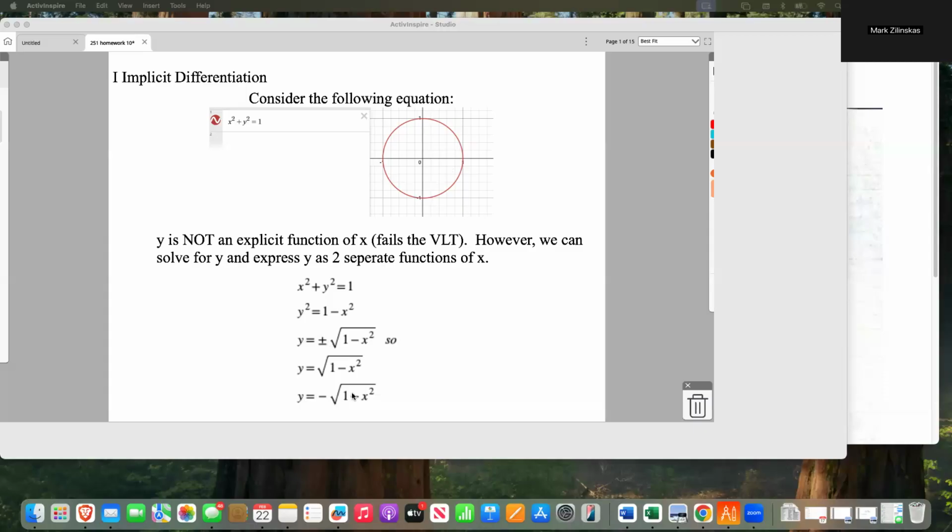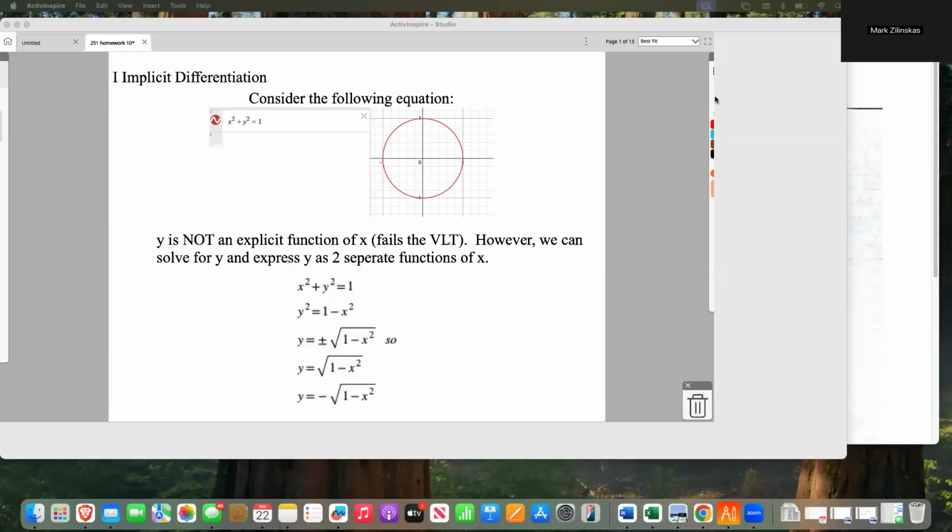All right, so what we say is that y is not an explicit function of x, but an implicit function of x. In other words, we express y as two or more separate functions of x. So we have more than one function here.